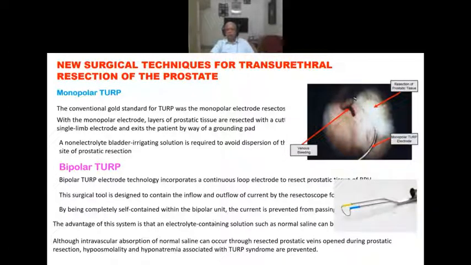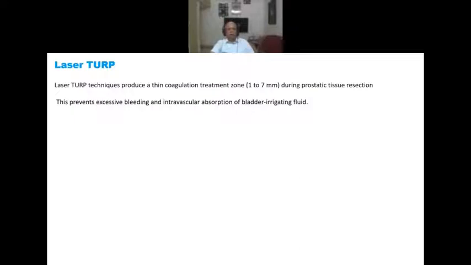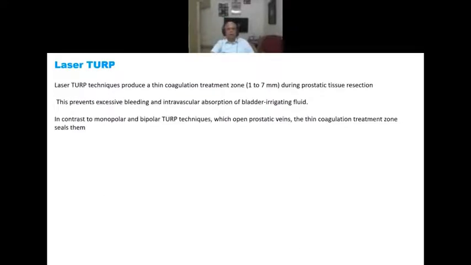This is how the loop looks like, for those who have not seen this bipolar loop. This is how the picture looks when the surgeon resects the whole thing. And came the laser TURP, with a thin coagulation treatment zone of 1 to 7 millimeter. So it doesn't open up the tissues at all.